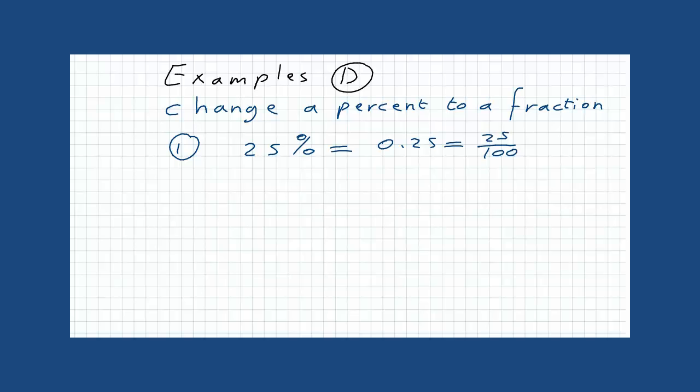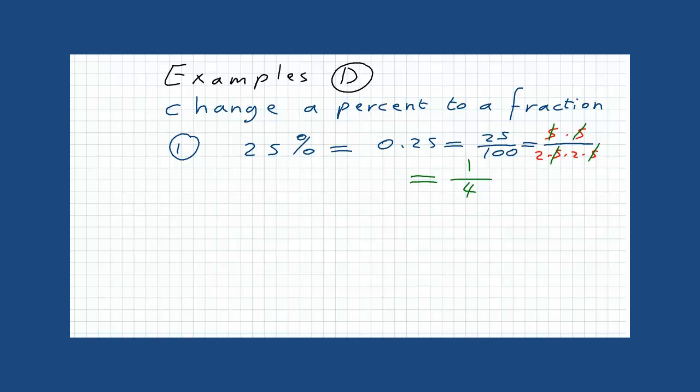If you can, try to simplify this fraction. We know that 25 is 5 times 5, and 100 is 2 times 5 times 2 times 5, which is 10 times 10. Now we can cancel similar numbers from the numerator and the denominator. So finally we have 1 over 4.